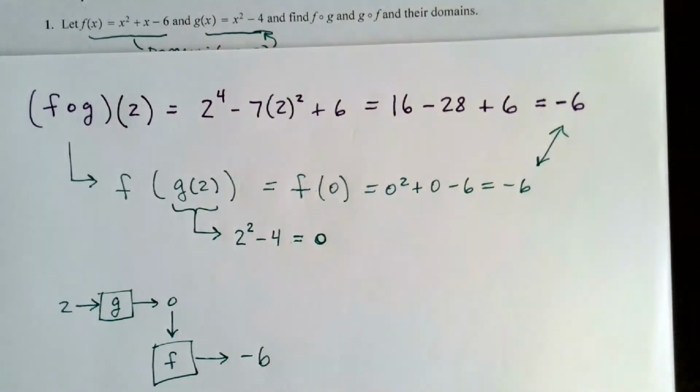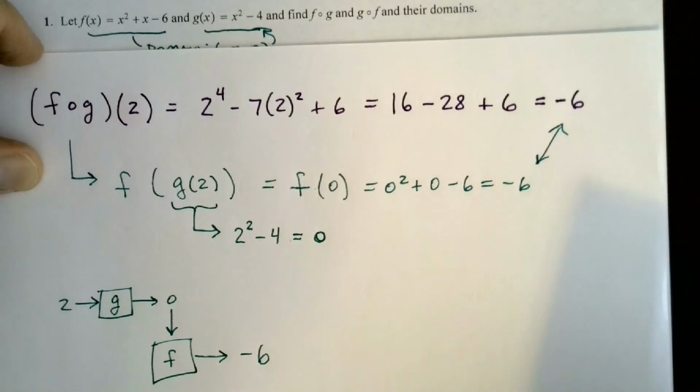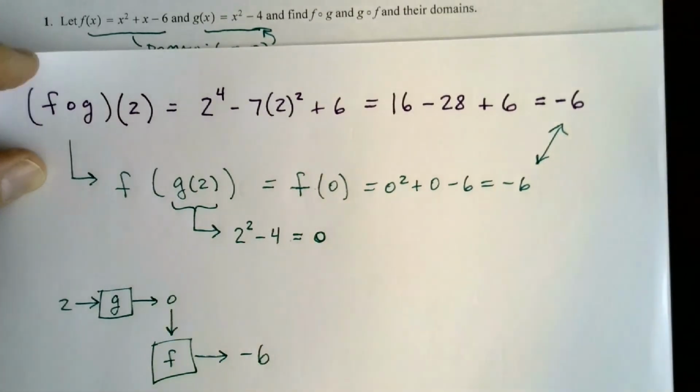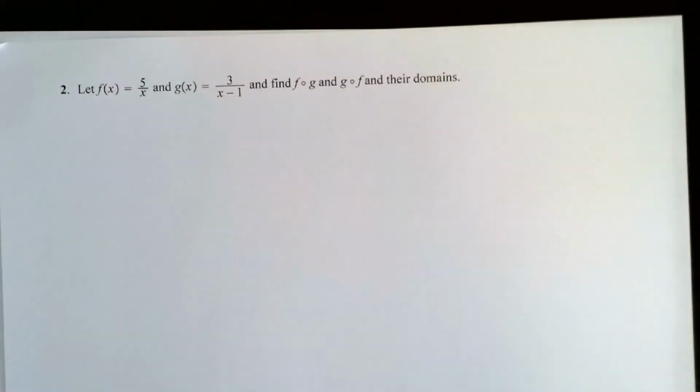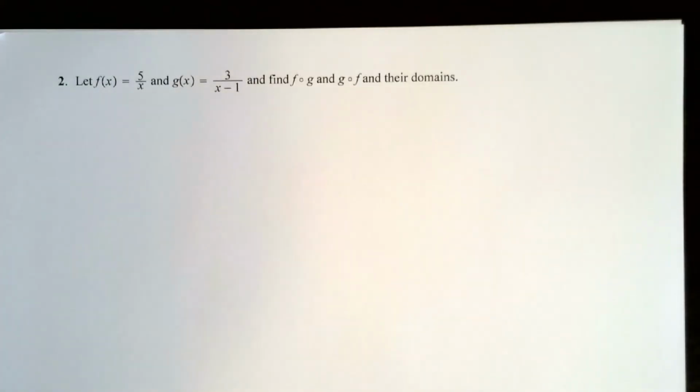Okay, let's take a look at another example. Two more functions, and we're going to find both compositions and find their domains. So let's talk about domains for a minute here.